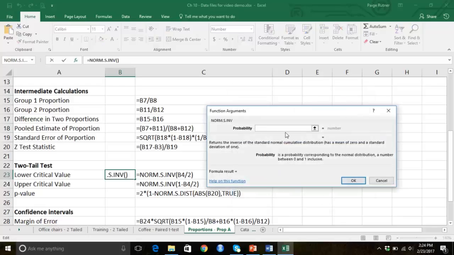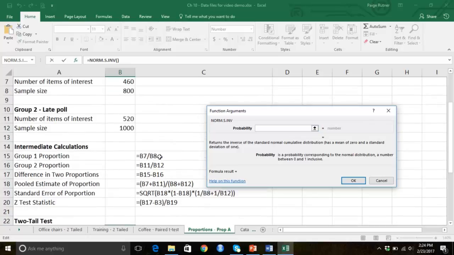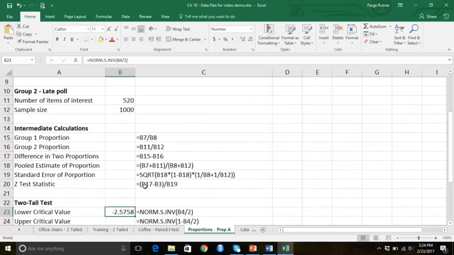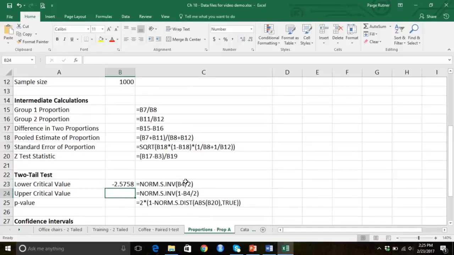So in this case, I want to find the probability for my lower critical value for 1/2 of my alpha value. So I'll take alpha and then just divide by 2 right here in the argument. And that gives me my lower critical value of minus 2.578. And then for the upper critical value, I want half of the alpha value in the upper tail of the distribution. That gives me a cumulative probability for everything else of 1 minus half that alpha.